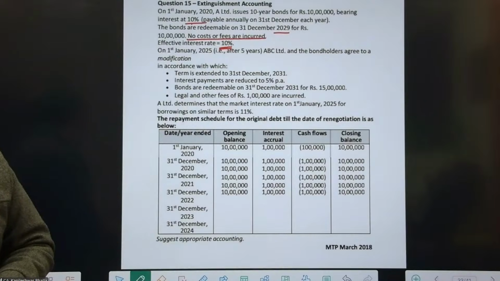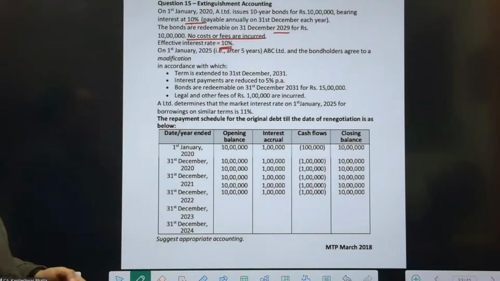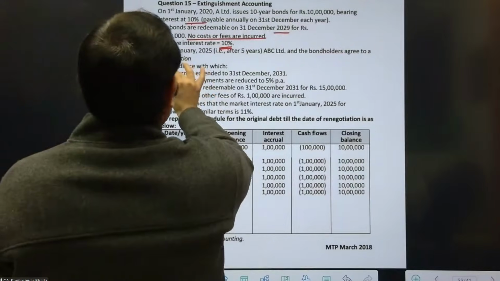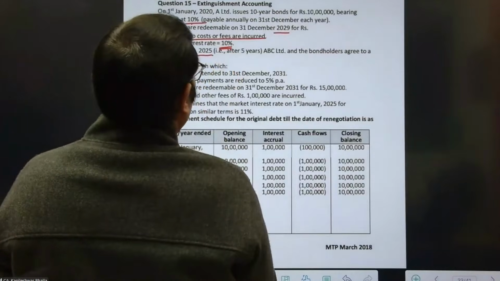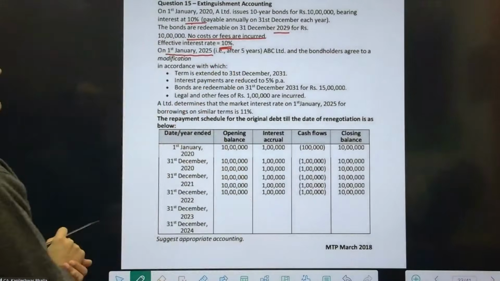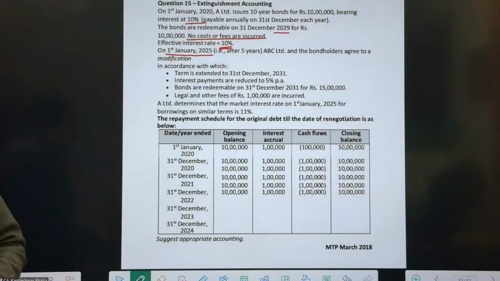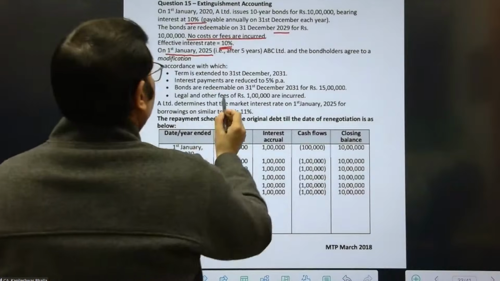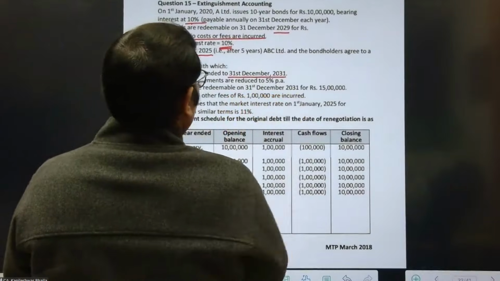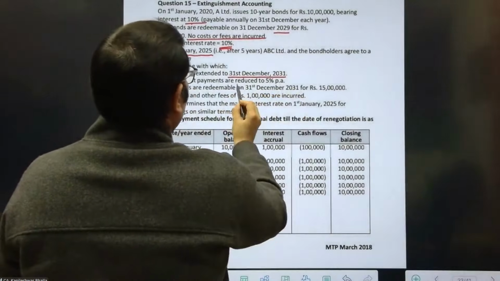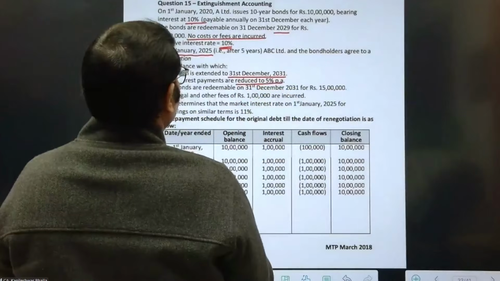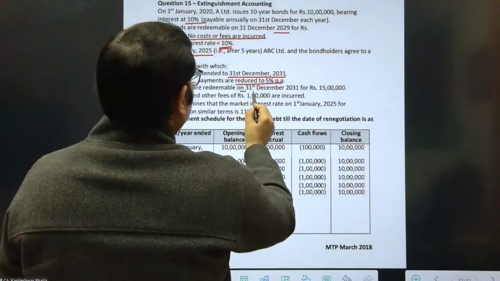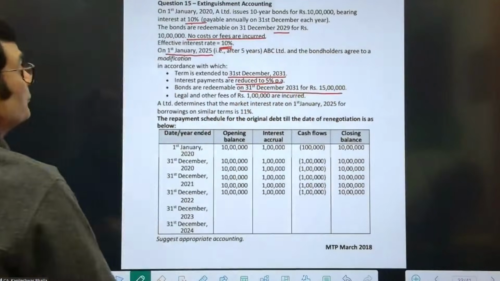Okay, now let's read the inputs further. It says on January 25, that is after 5 years, the bondholders agreed to a modification. The terms are extended to December 31st, the interest payment reduced to 5%, and the bonds are redeemable on December 31st for a larger amount.